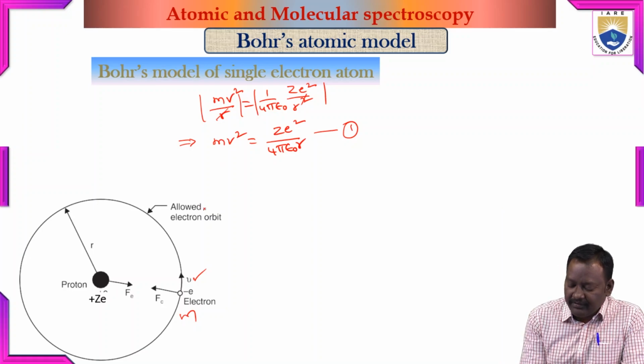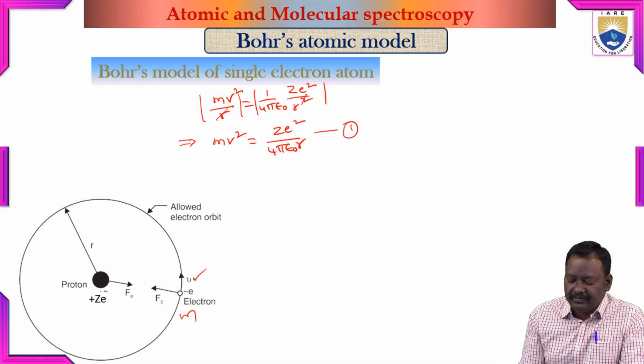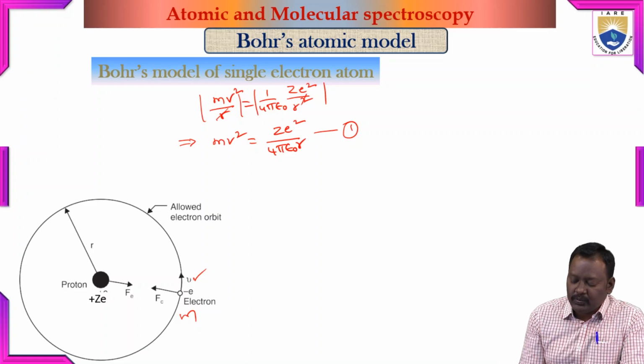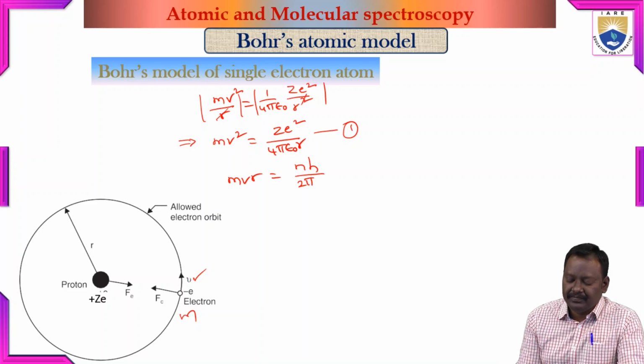So here mv square equals Z e square by 4 pi epsilon naught r. But according to Bohr's postulate, the angular momentum mvr must be equal to nh by 2 pi, a very important postulate.